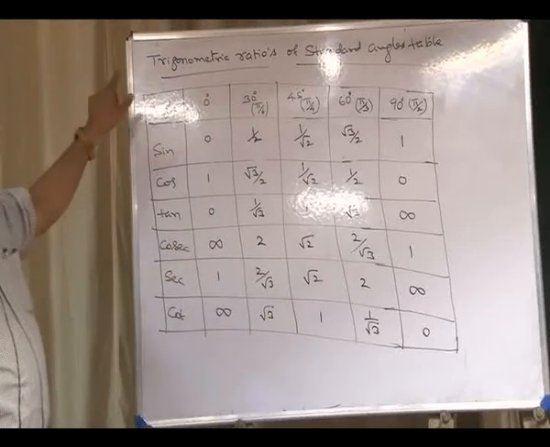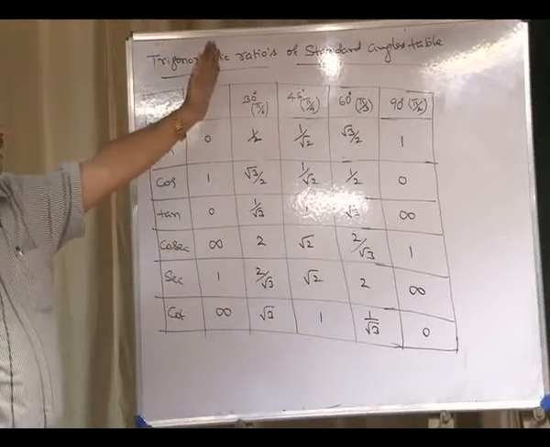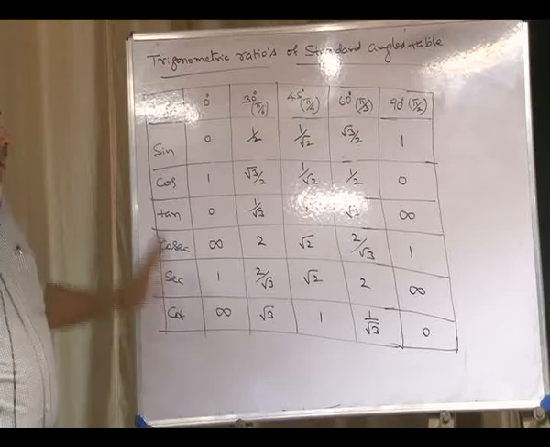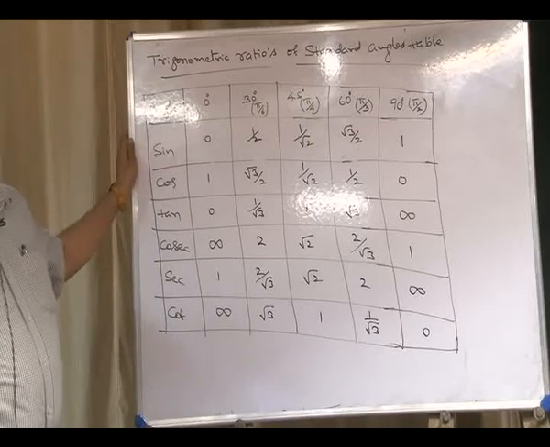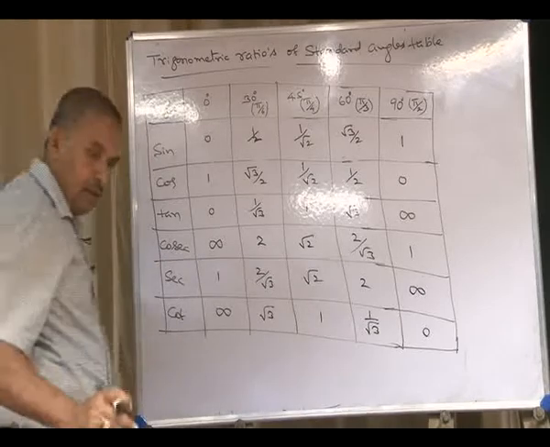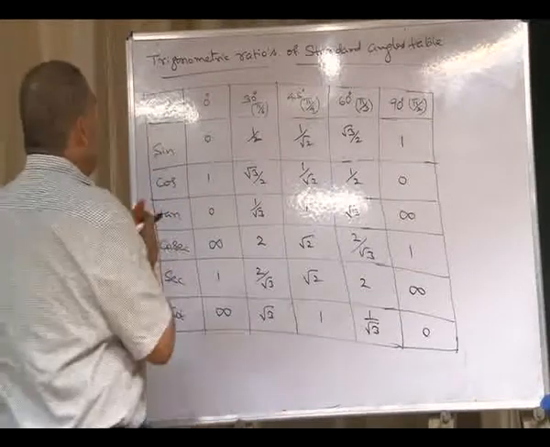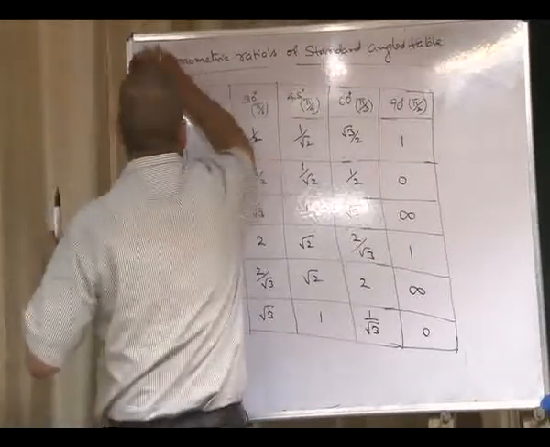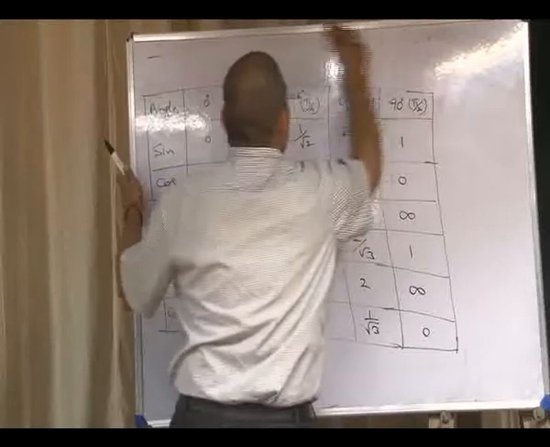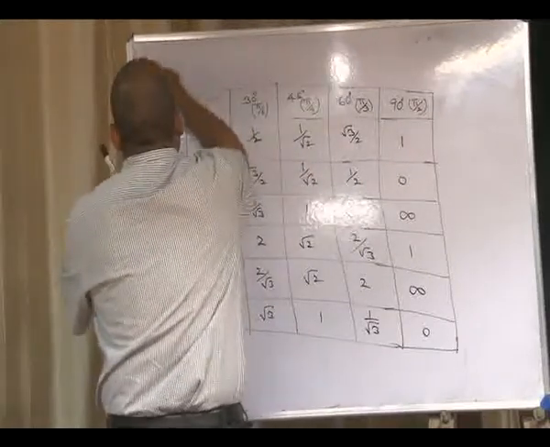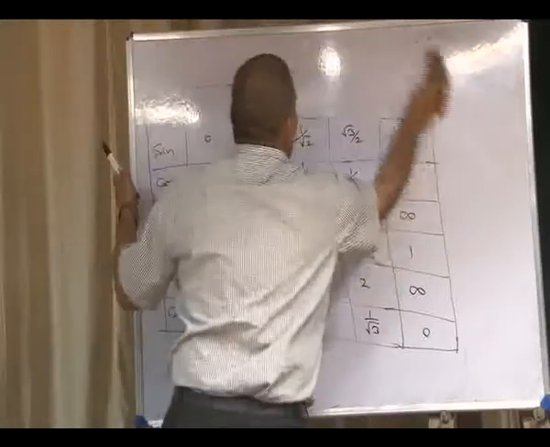Then this one is the table of trigonometrical ratios of standard angles. This table may be remembered as follows.